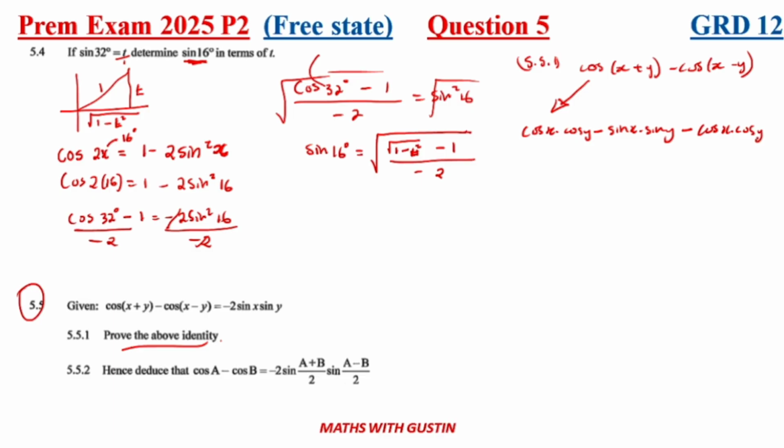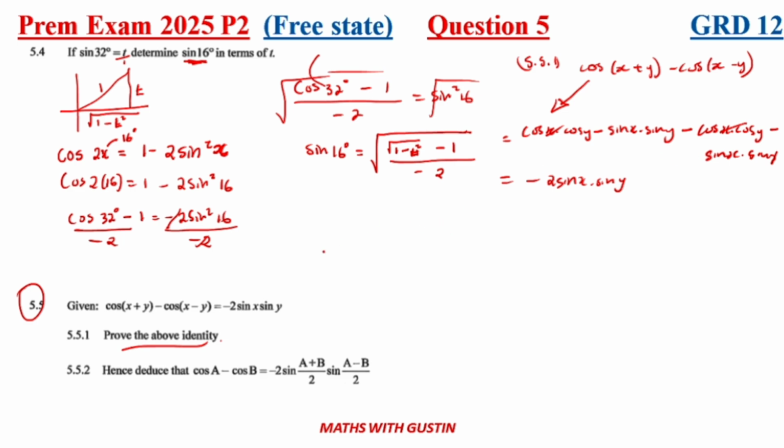I'm just gonna work it out as if you guys are following. All right, so this is what we have now. We're gonna minus the cos. They will just minus each other out, and then negative and negative, we're gonna have negative 2 sine x sine y. Great, and it is equal to the right hand side thereof.